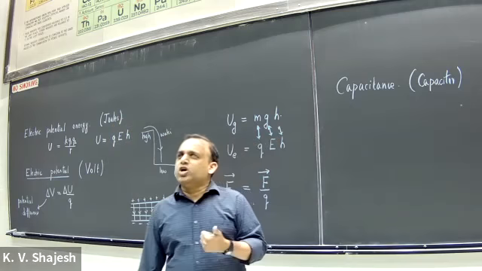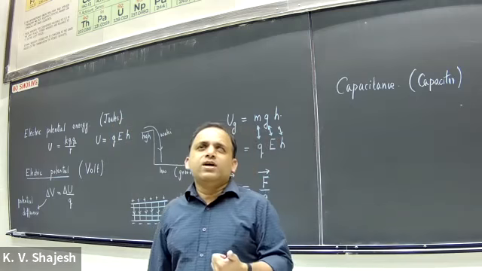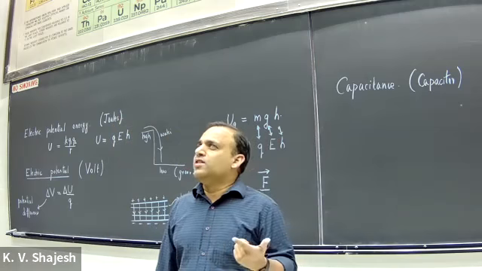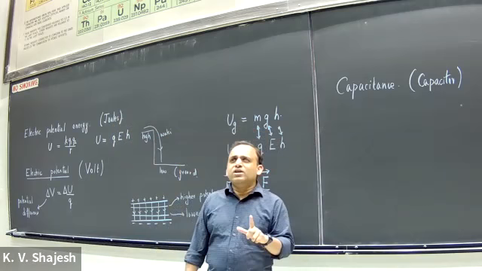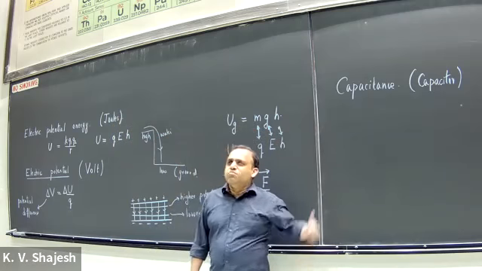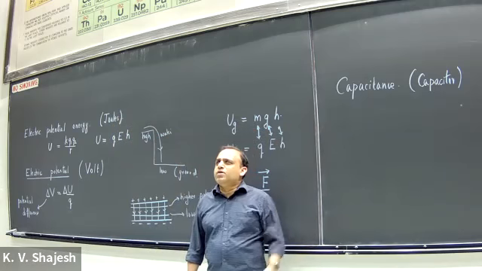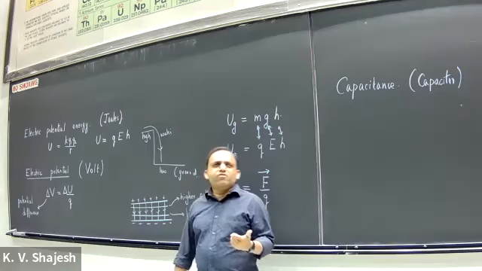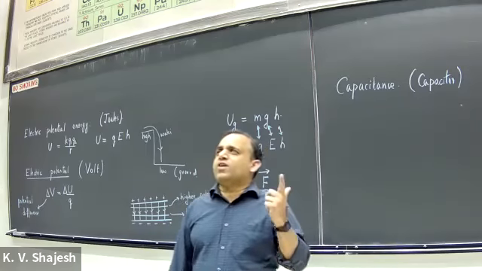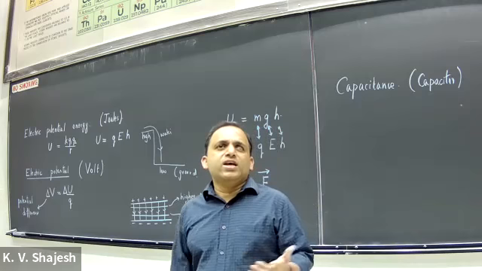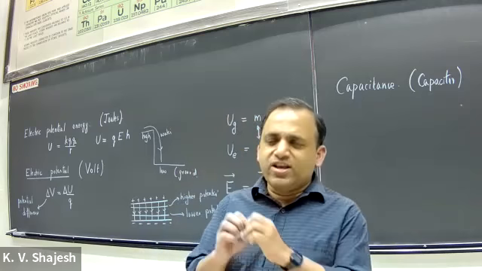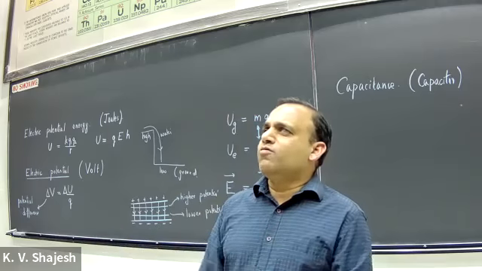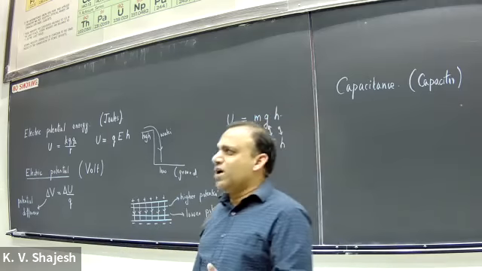And second, we will talk about, if there is a charge stored, how much energy is stored in the same configuration. So two things: how much charge is stored, that will be a measure of capacitance. But what we are eventually interested in is how much energy can be stored in a device. There's one more associated concept: how much energy can be released from a device in a certain amount of time.